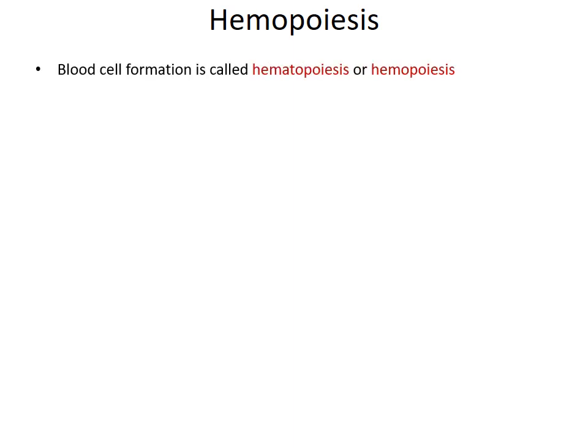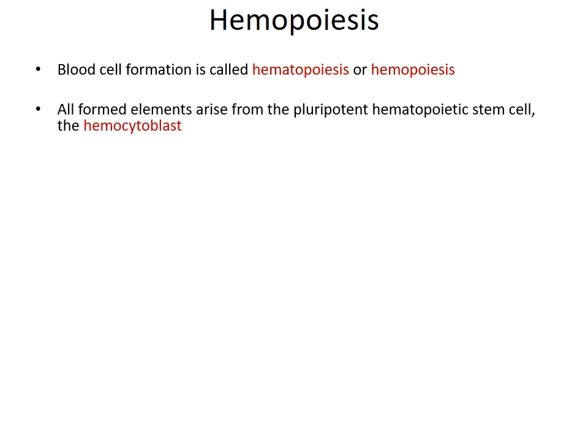Hemopoiesis or hematopoiesis is the process by which the blood cells are formed. All formed elements arise from the pluripotent hematopoietic stem cell, the hemocytoblast. The hemocytoblast, when it receives an appropriate stimulus, can be transformed into red blood cells.